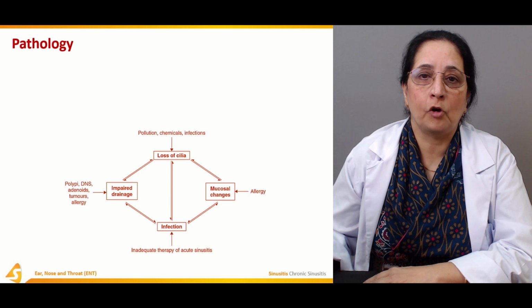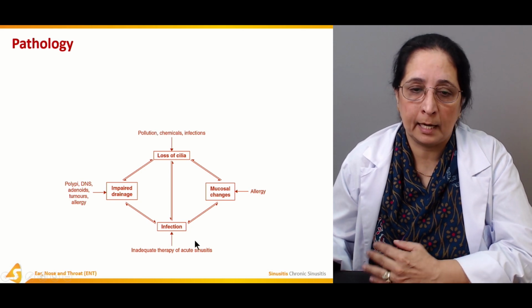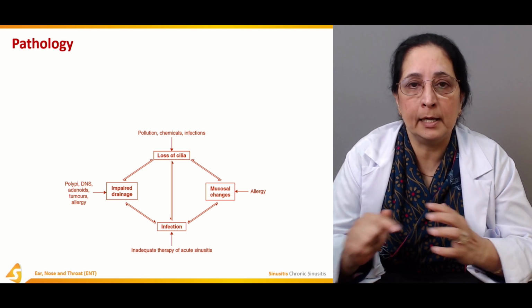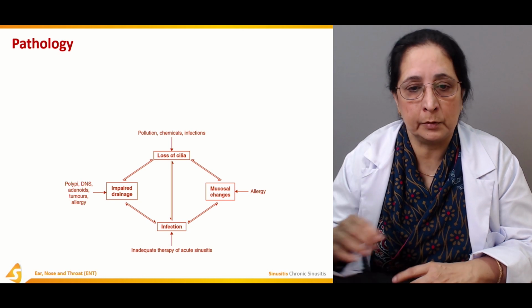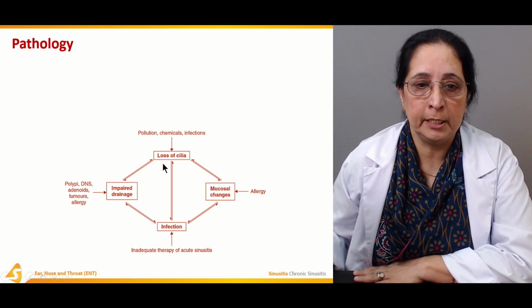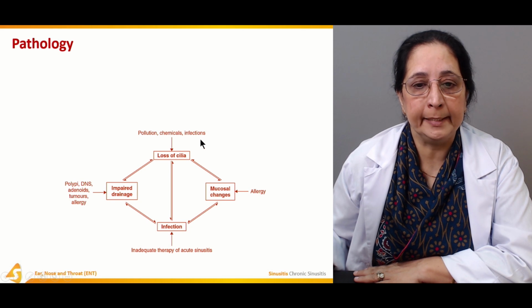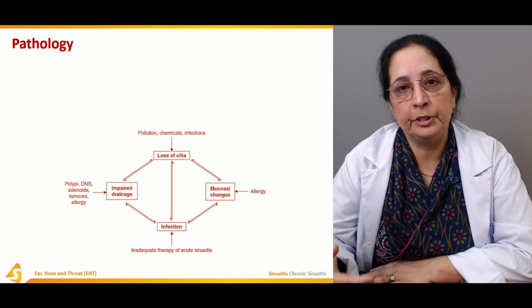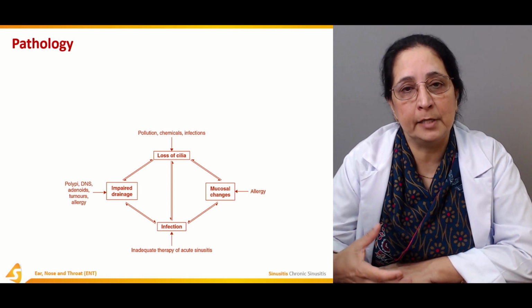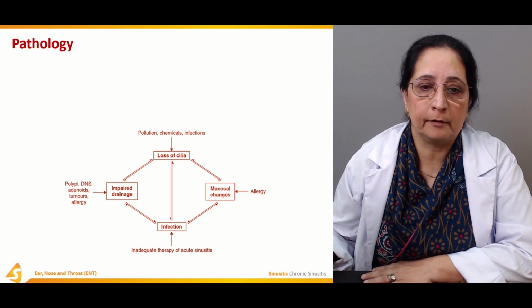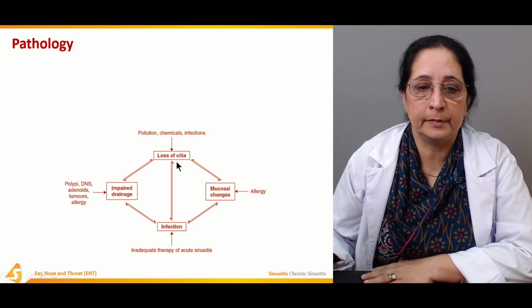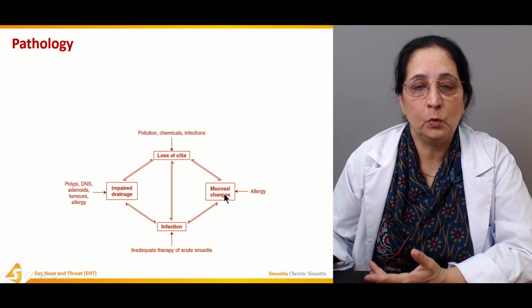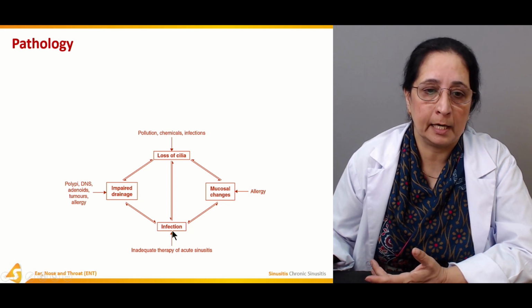Pathology of chronic sinusitis, again, different factors can occur, each interlinked with one another, and ultimately cause chronic sinusitis. In this diagram, if you see, if there is pollution, chemicals, infection, these can lead to allergic rhinitis as a result of dust, pollens, and that allergic rhinitis also causes loss of cilia, and loss of cilia can cause impaired drainage, mucosal changes, and infections can occur.